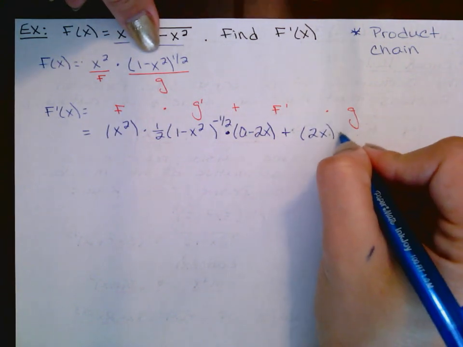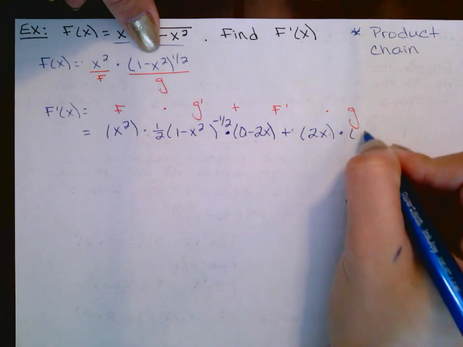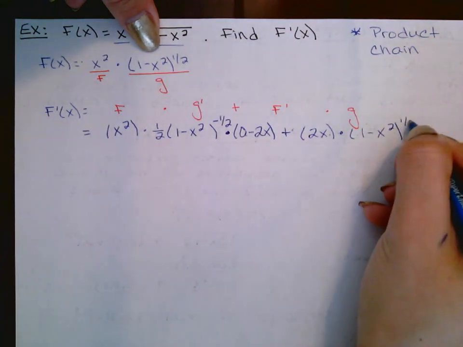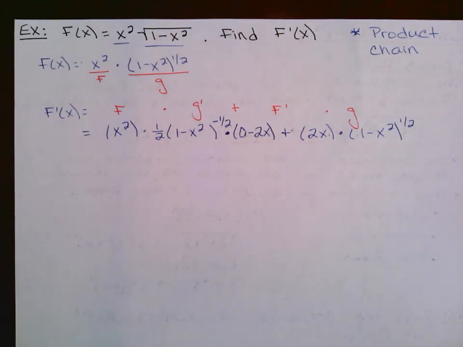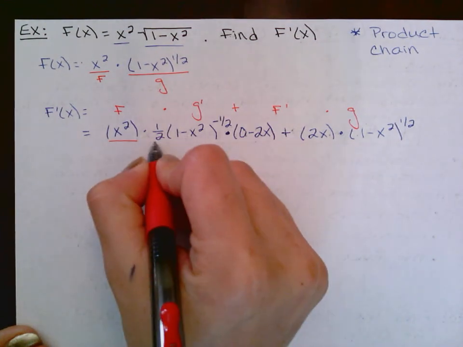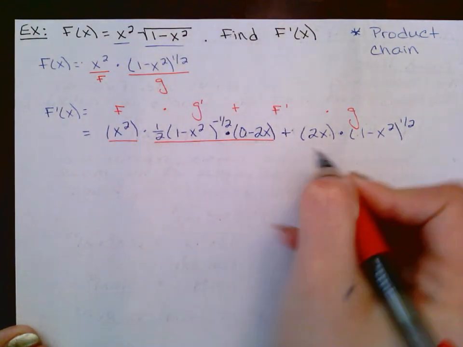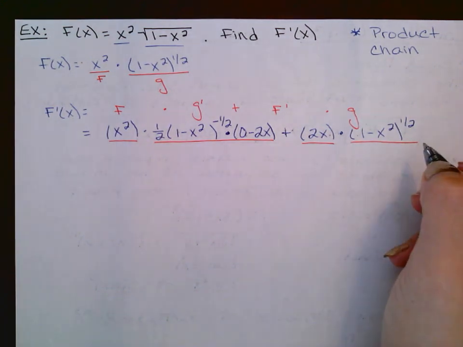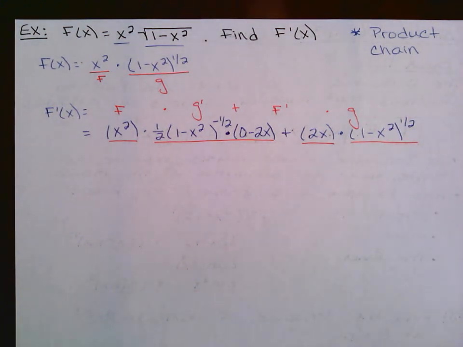And then rewrite g. Okay? So if I'm color coding a little bit more, here's my f. All of this is my g prime. This is my f prime. And this is rewriting my g. Okay? So now, I'm going to start cleaning little by little.